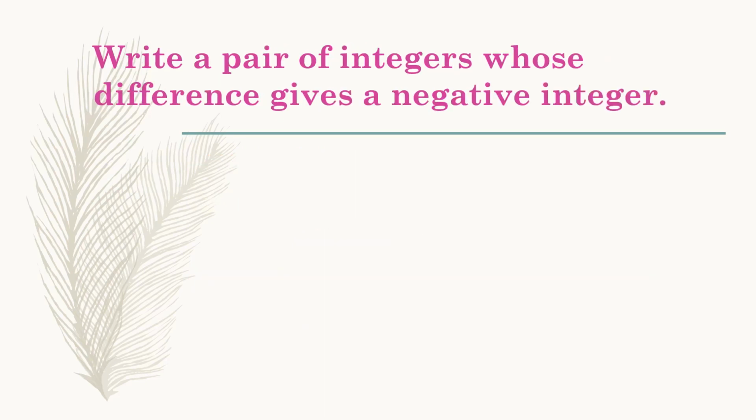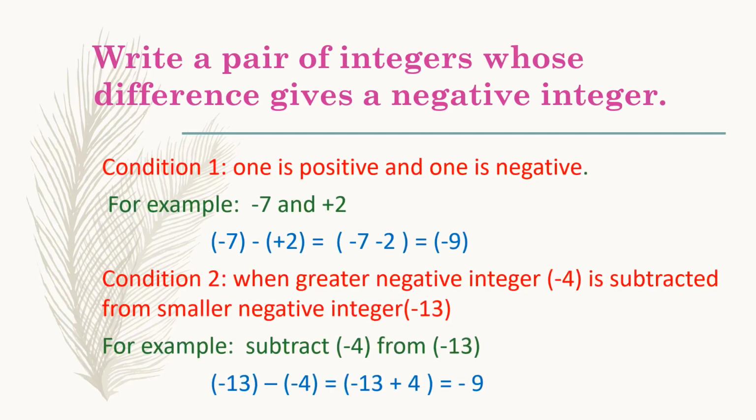Now the third type of question: write a pair of integers whose difference gives a negative integer. Again there are two possibilities. One is a positive integer and another is a negative integer, that we can see in condition 1, and second, when a greater negative integer is subtracted from a smaller negative integer, that you can see in the given example on the screen.